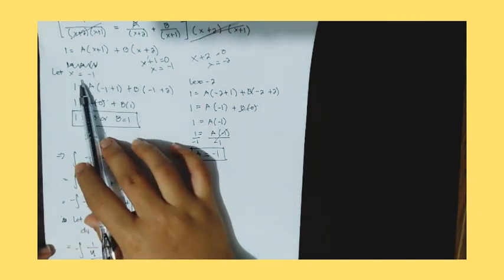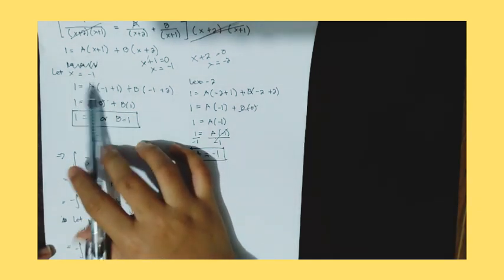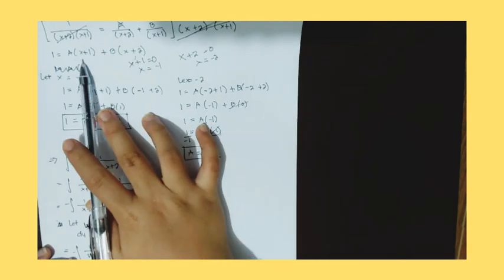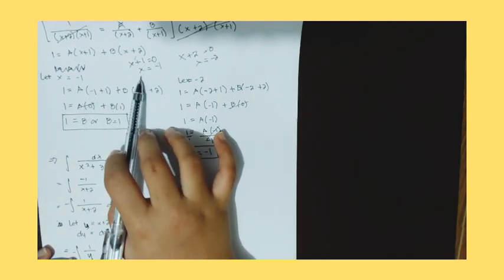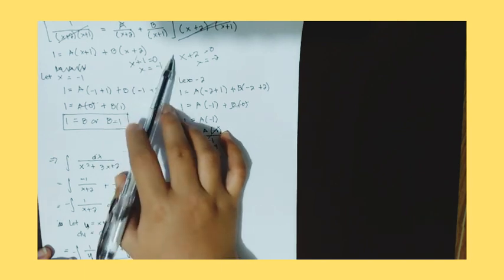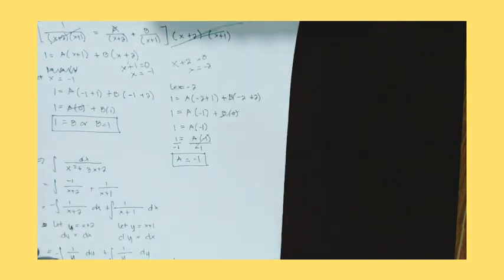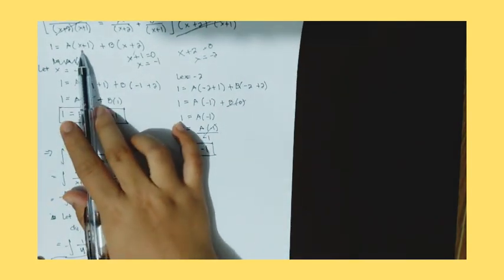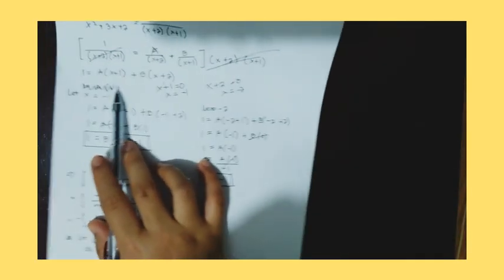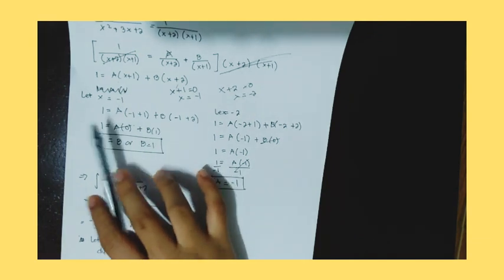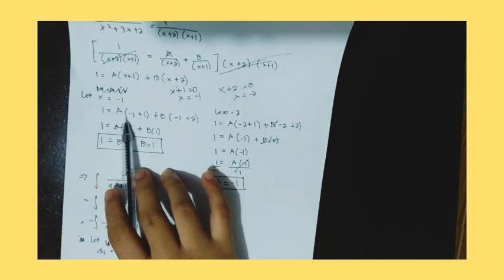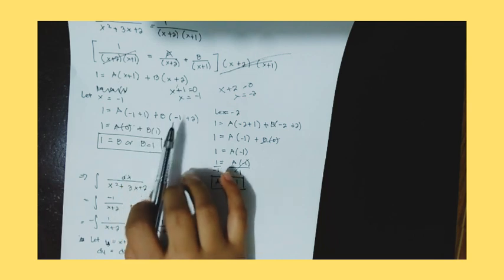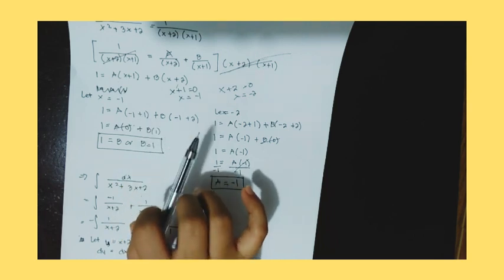Then let x equal negative 1. We got the negative 1 because x plus 1 is equal to 0, then x is equal to negative 1 when we transpose the 1. Then we substitute negative 1 for the x's here. 1 is equal to A times 0, plus B times negative 1 plus 2.